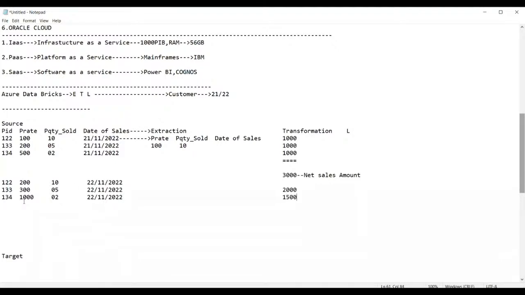Very good. 1000 into 2 means 2000. So now calculate the sum. 5500. Very good.